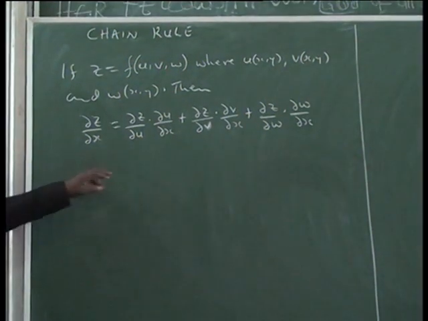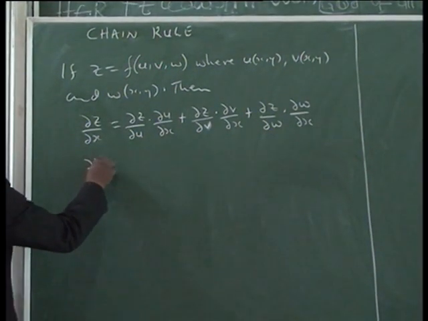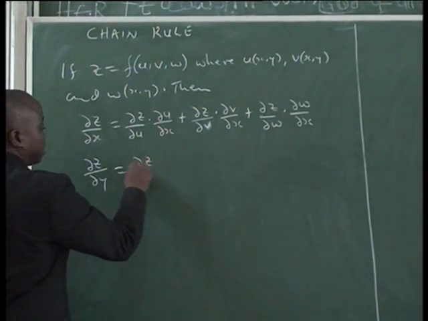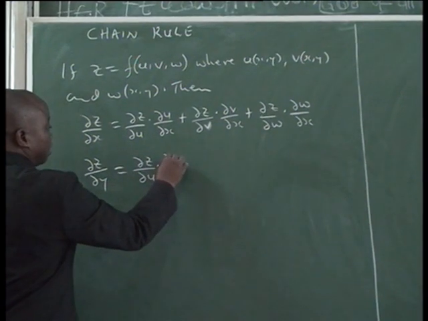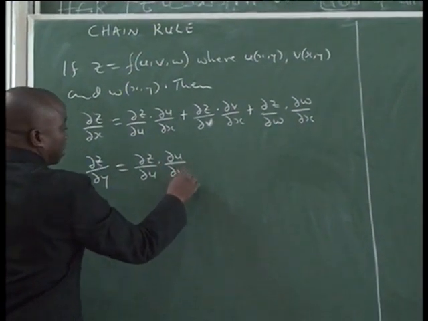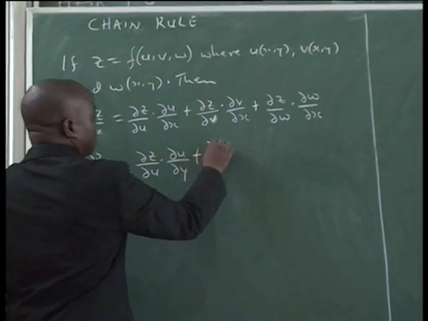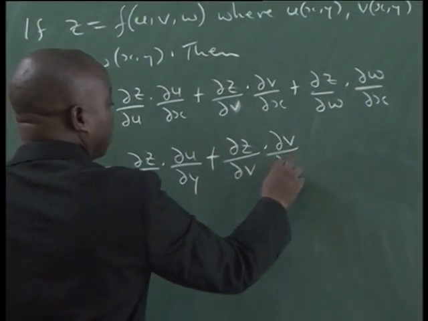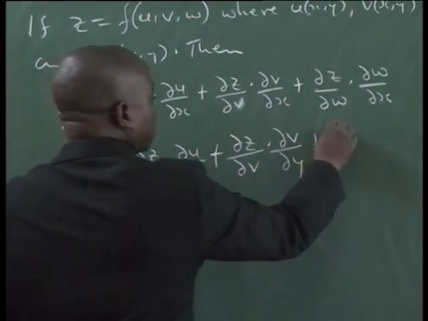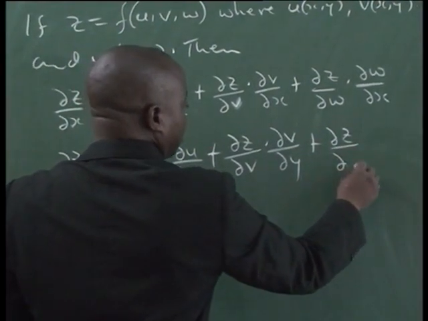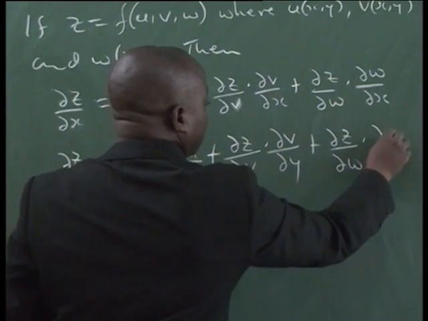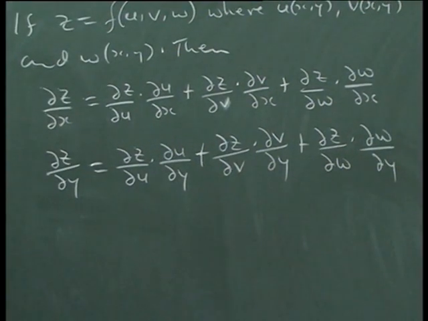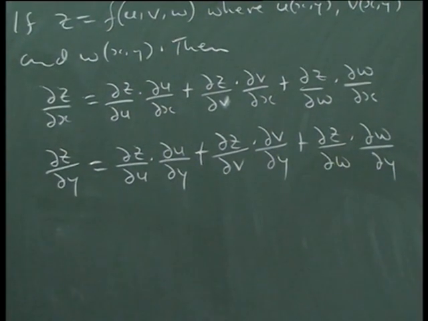So that is the chain rule. And partial z partial y is the same as partial z partial u times partial u partial y, plus partial z partial v times partial v partial y, plus partial z partial w times partial w partial y. So this is the chain rule.